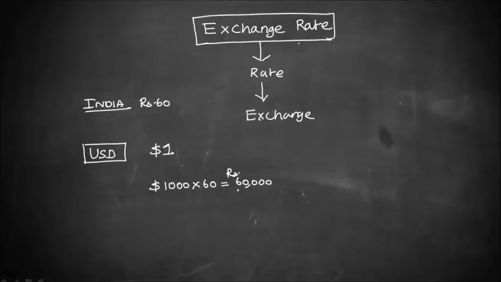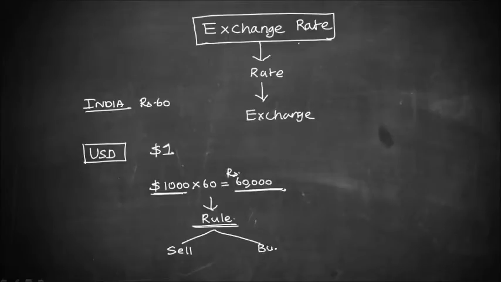Alternatively, we can also say we are selling 60,000 rupees for purchasing $1,000. This tells us rule number one: in a foreign exchange transaction, we sell one currency and we buy another currency. This also tells us that foreign exchange rates are always expressed in pairs.